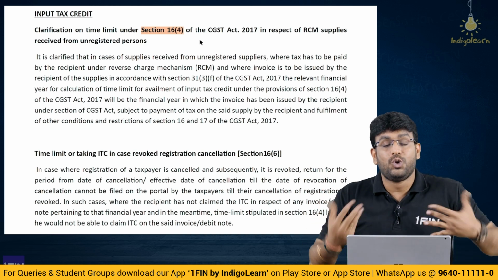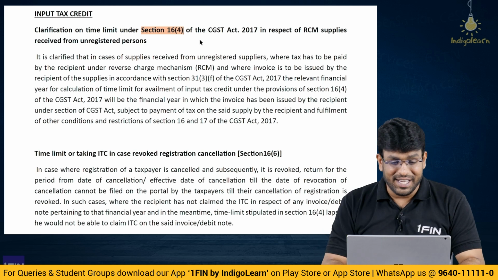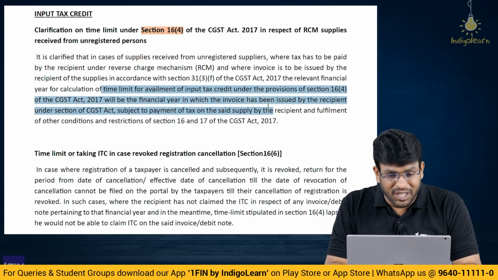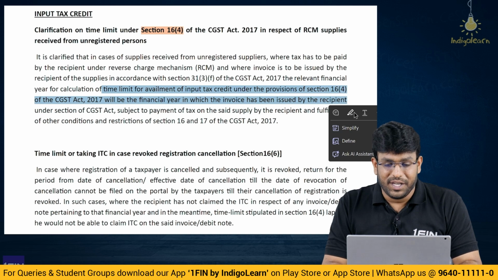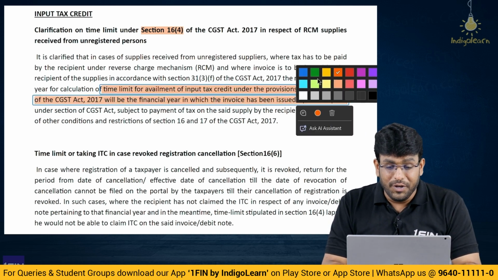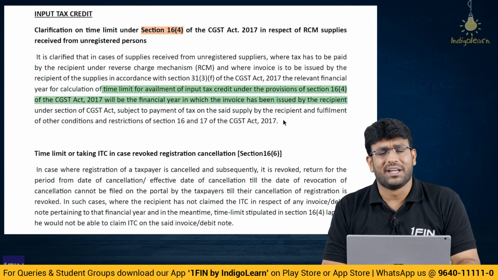The recipient should do self-invoicing in his name. Then in that case, the time limit, my dear friends, we will see the financial year in which the invoice has been issued by the recipient, because the recipient is going to do self-invoicing on himself. Of course, all the conditions for claiming credit should be satisfied. There is no doubt about it.